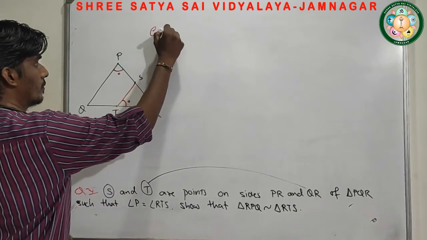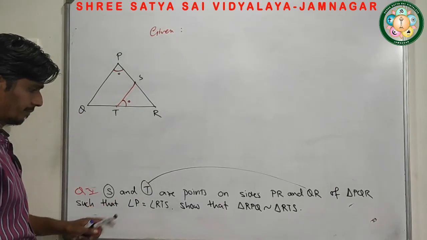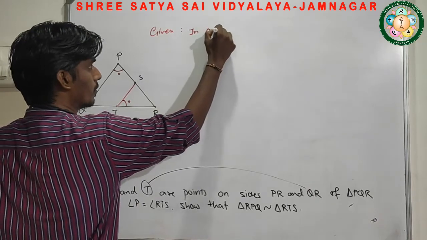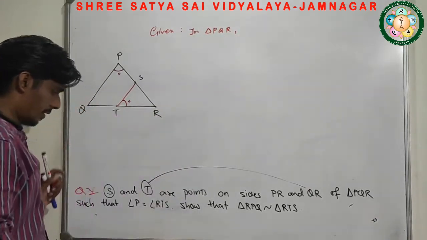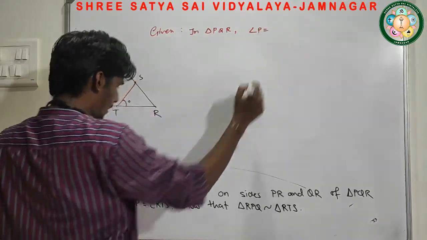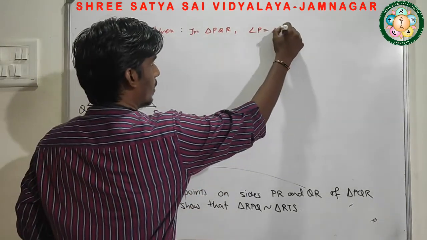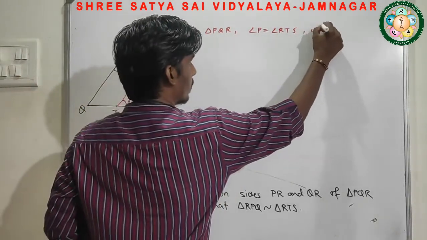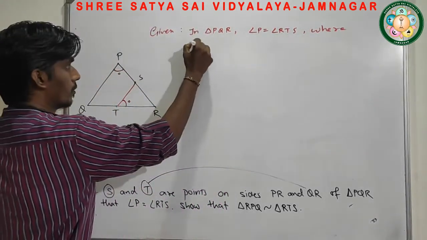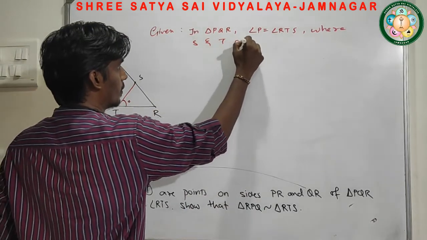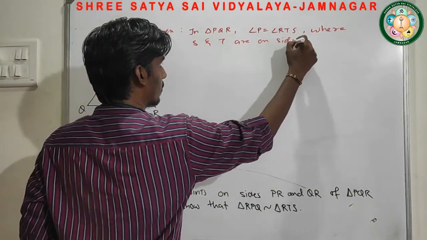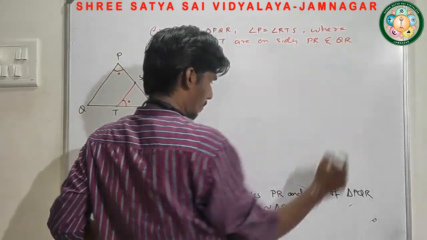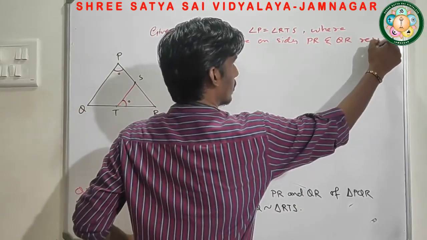Let's write down here given. What is given? In triangle PQR, angle P is equal to angle RTS, where S and T are on sides PR and QR respectively.